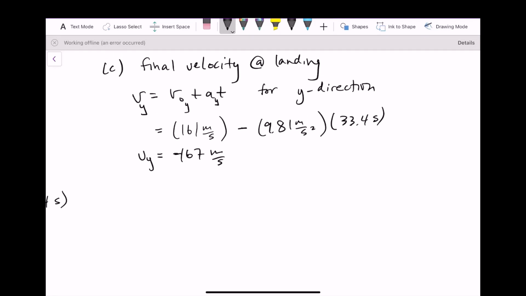Okay, so we solved for the velocity in the y. Now you'd think you'd have to do the same thing for the velocity in the x. But let's think about this for a second. We had a change in velocity in the y direction because we have an acceleration, the acceleration due to gravity. But we've been saying from the beginning that there is no acceleration in the x direction.